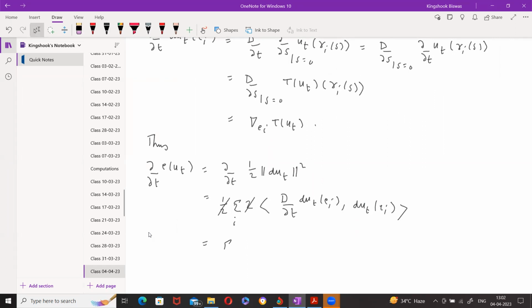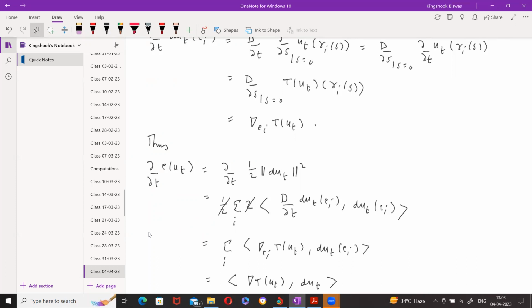So this D ∂_t of du_t e_i becomes nabla e_i of tau of u_t. So this becomes the sum over i of nabla e_i of tau u_t inner product du_t of e_i. So this is nothing but the inner product of the linear maps, nabla tau u_t with du_t, right?